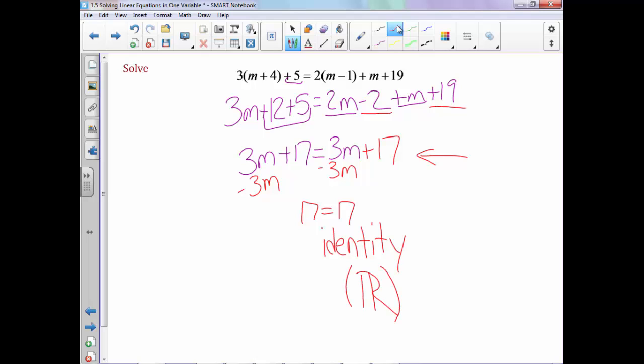This is a symbol for all real numbers. And what this means is no matter what we put in for the variable, this is going to work. It's going to come out correct. Because notice our variables canceled each other out, and we're still left with a true statement. This 17 equals 17 is a true statement.